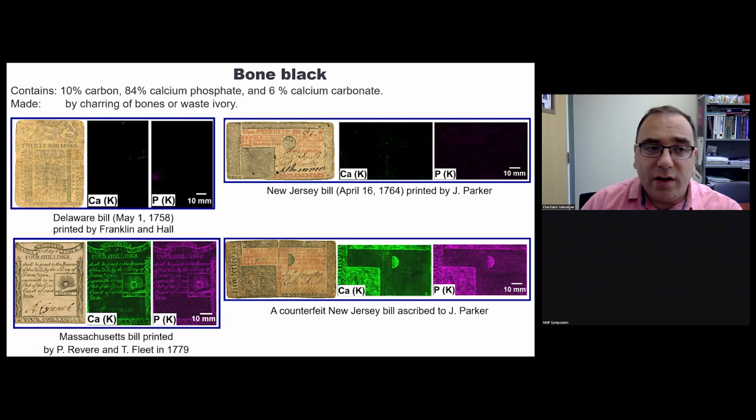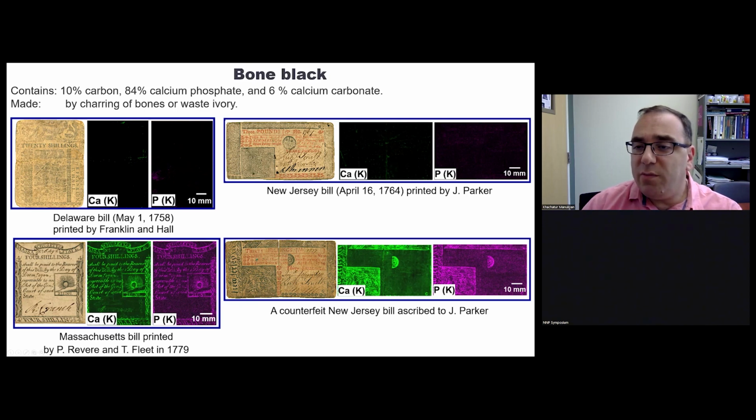Then we analyze and compare the other colonies, other printers at that time, to see what else he used uniquely. So you can see here that, for example, in this bill, upper left-hand side, we have no calcium and phosphorus. And this one, upper right-hand side, is also from one of his partners, James Parker in New Jersey.